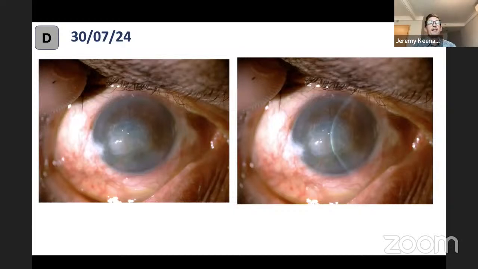Did we test corneal sensation? Did you test for herpes when you did the original swabs, or just for bacteria? No, usually we don't do it.